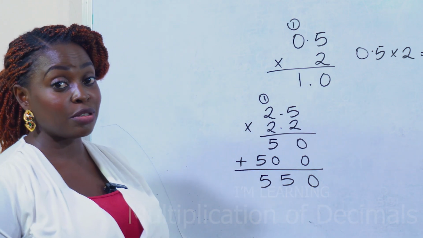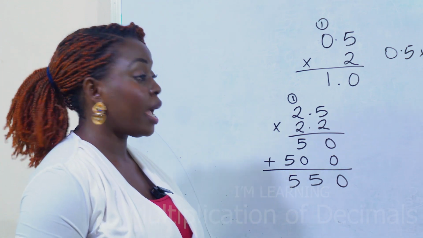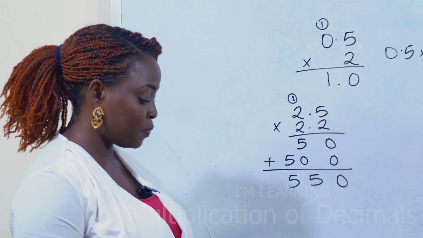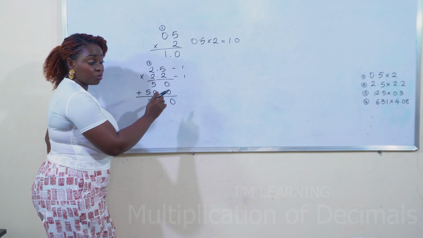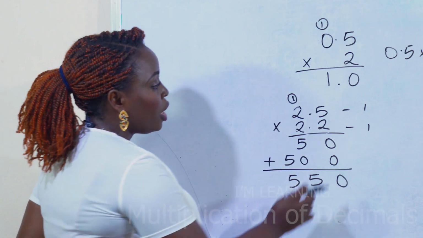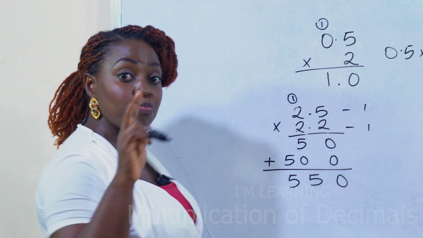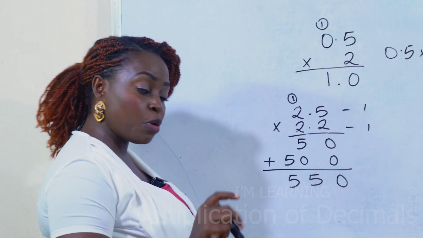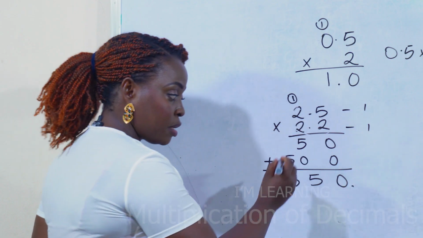So my answer kind of looks like 550, right? I must count my decimal places. Now 2.5 has 1 decimal place and 2.2 has 1 decimal place. The decimal place refers to the numbers after the decimal point. So in our question, we have 2 decimal places. We must indicate those 2 decimal places in our answer, starting from here and counting backwards.